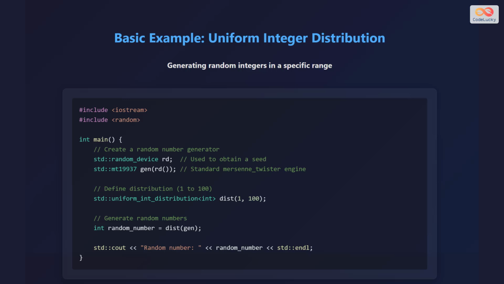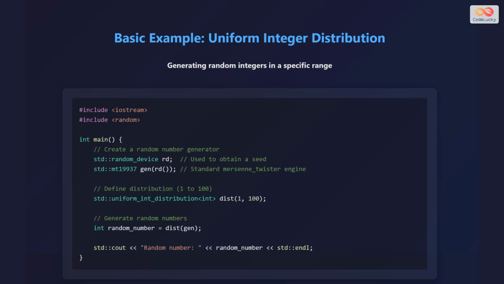Let's explore a basic example using the uniform int distribution. Start by including the iostream header for input, output, and the random header for random number generation facilities. Inside the main function, create a random number generator. Use random device to obtain a seed for the random number generator, and then create a Mersenne Twister engine, seeding it with the value obtained from random device.